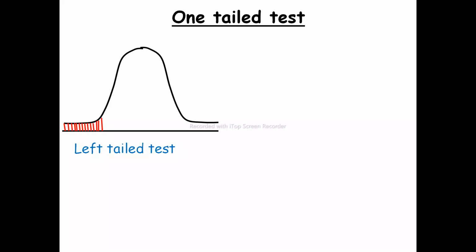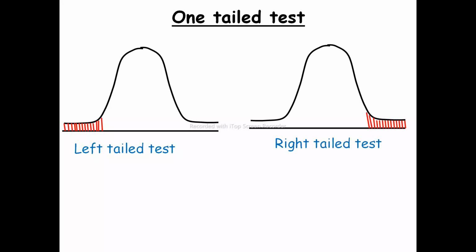One-tailed tests are of two types. It could be a left-tailed test or a right-tailed test. Now suppose when the C level was 0.95, that means the value of alpha will be 0.05, isn't it? For a left-tailed test, the value of alpha will be completely on the left side, because it is a left-tailed test. Now when to use this left-tailed test?